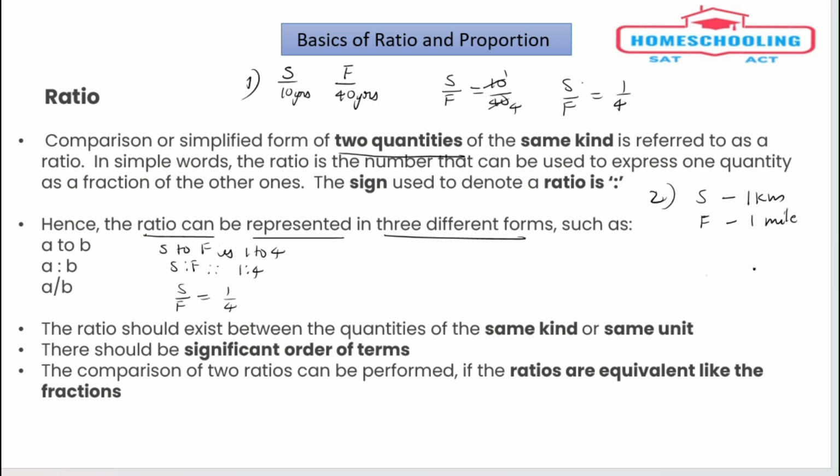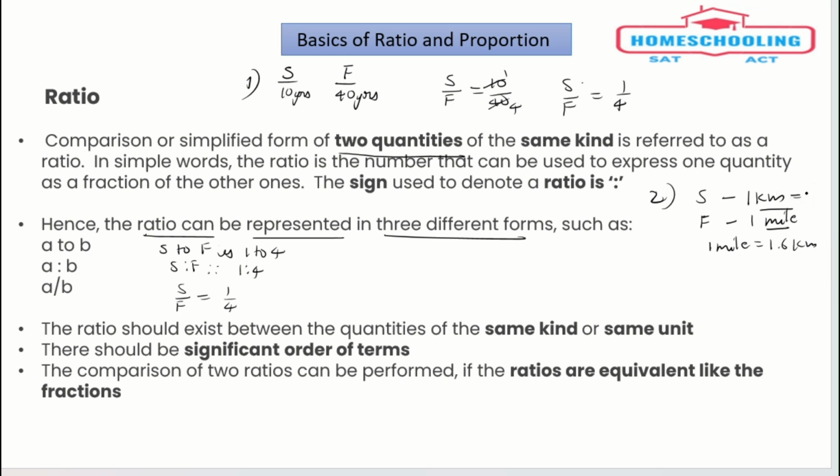So always remember, whenever we are taking ratios, the units should be similar. Either we can convert both of them into kilometers or both of them into miles. As we know, 1 mile is equal to 1.6 kilometers.